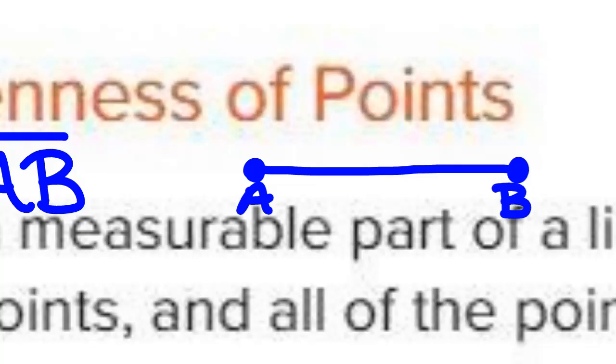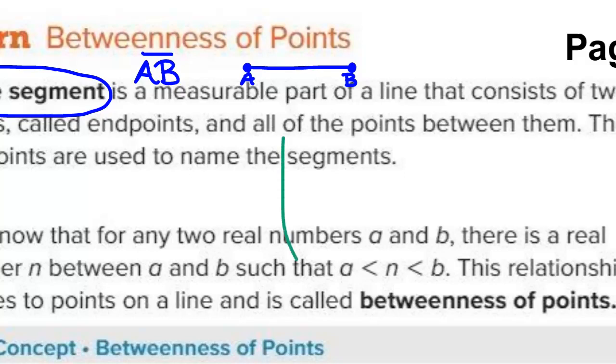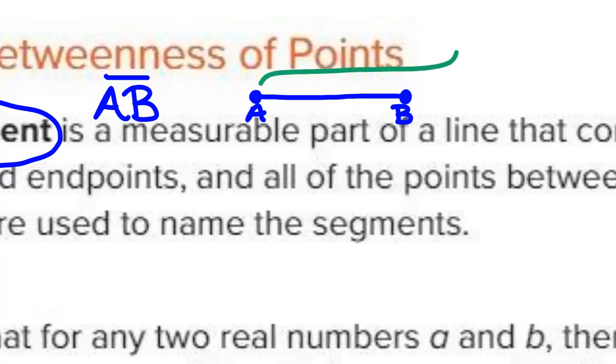So if I have a line segment that looks like this, it does not continue on past those points, and I name it with those two end pieces. Again, order doesn't matter. I can switch those two around as long as I have the ones that are on the ends. These are called our endpoints.